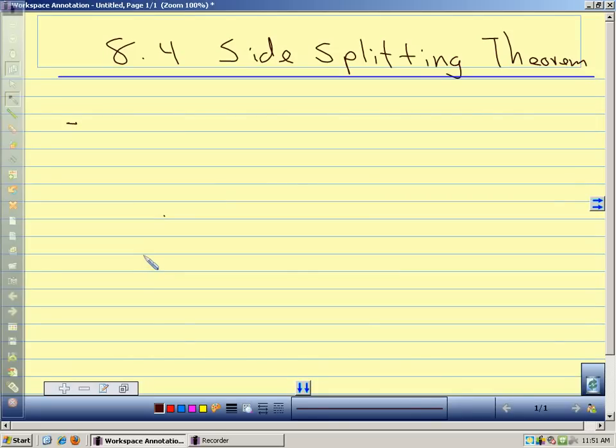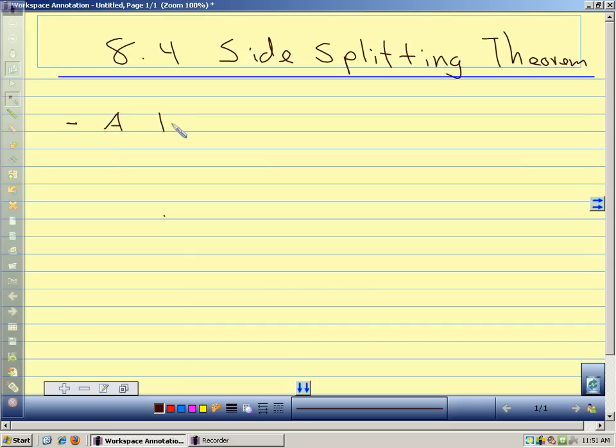Right. So 8.4 is the side-splitting theorem. The side-splitting theorem is just another tool that we can use to talk about similar triangles. I'm going to write the theorem, and then we'll draw a picture and talk about what it means.